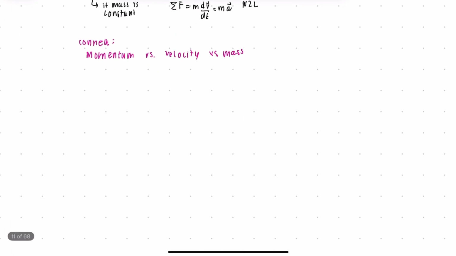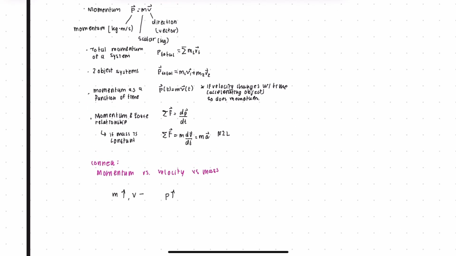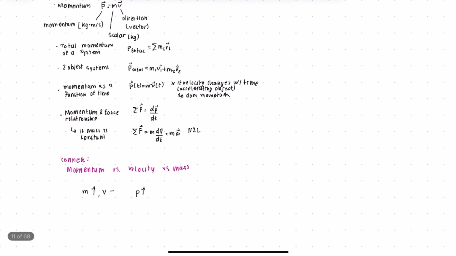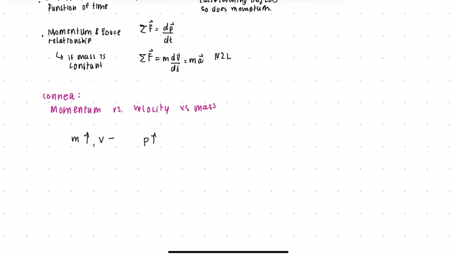So let's say that we increase m, and then let's say we hold v constant. That means that momentum p will increase, because heavy objects have more impact at the same velocity.